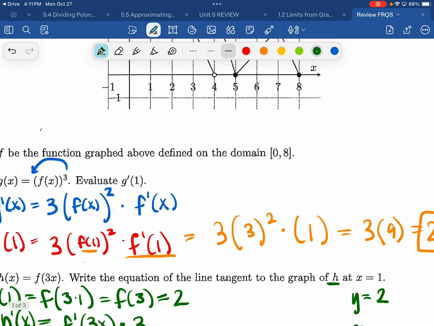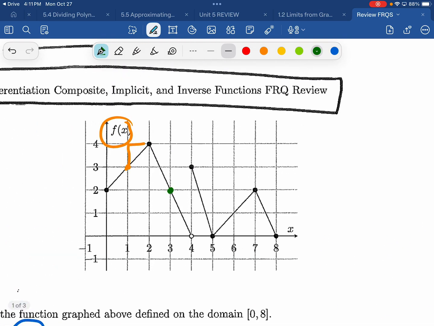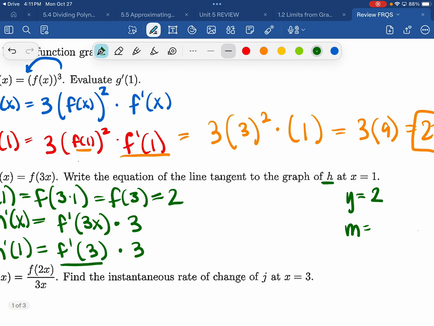And f prime of 3 is going to be the slope at 3. So the slope here is rise over run, so negative 2. So it'll be negative 2 times 3, so negative 6. All right, and then my tangent line, y minus 2 equals negative 6, x minus 1.